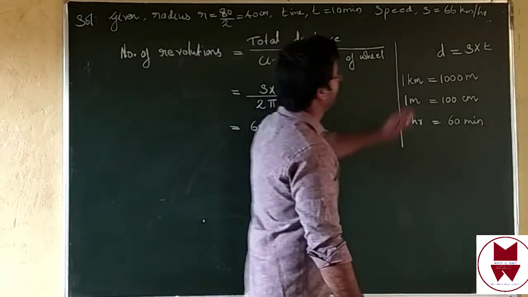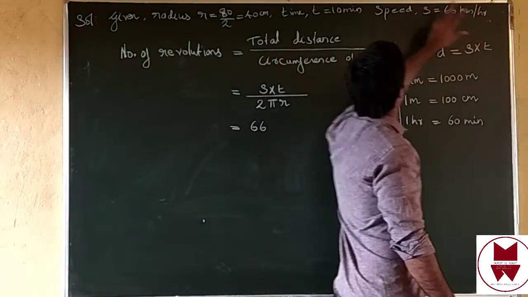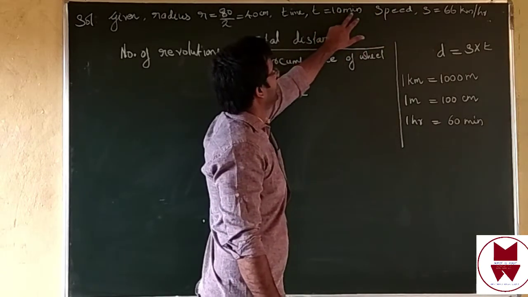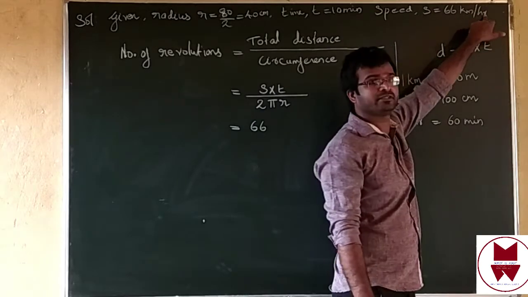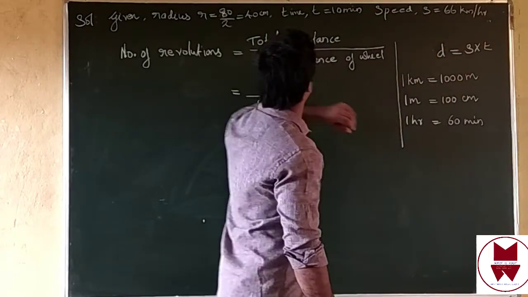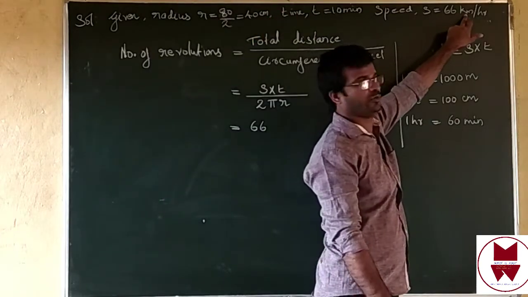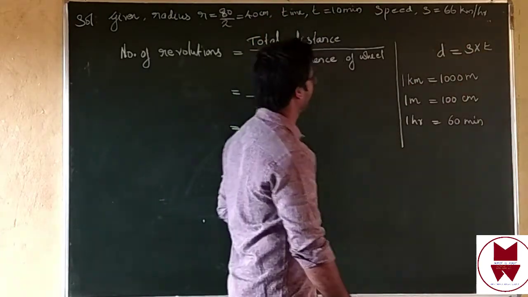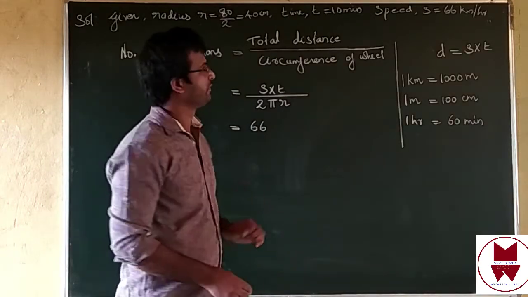But one problem is that here the unit is kilometer per hour, but the unit of time is minute, while here the unit of time is hour. That is different, isn't it? Then radius is in centimeter, but here it is kilometer. That means the units are completely different. We have to change.